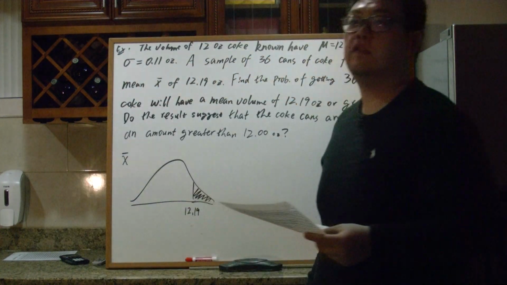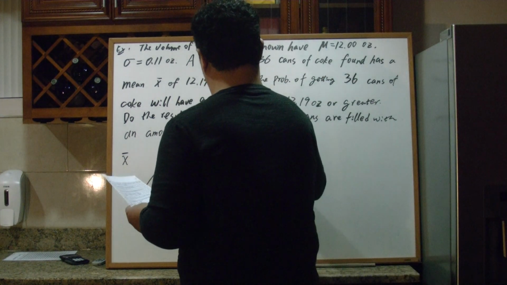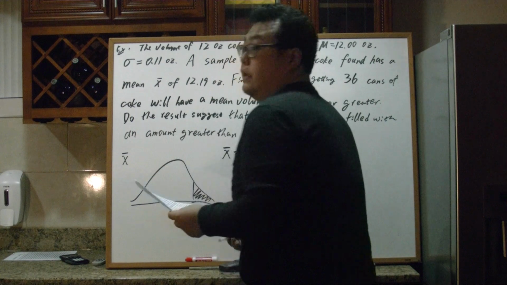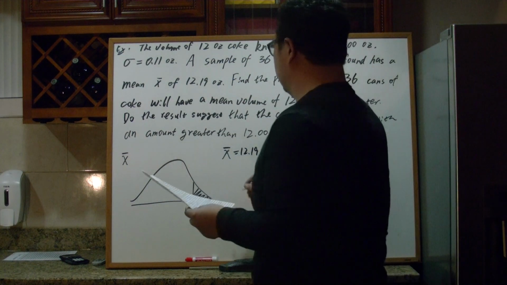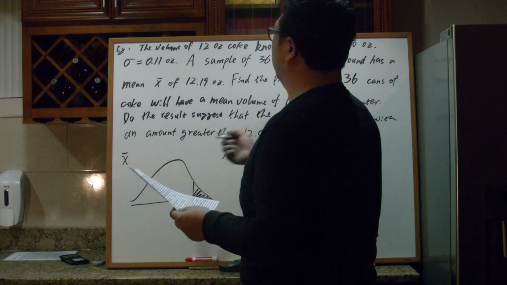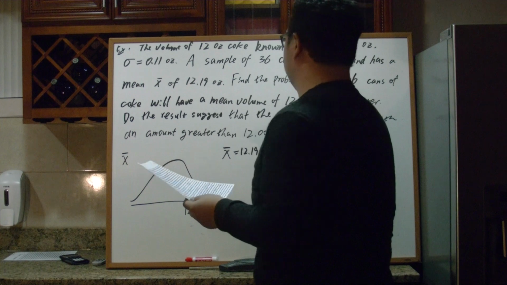Alright, the sample mean is 12.19, as obtained from the 36 cans. So we have the mean of 12 ounce, the standard deviation of 0.11 ounce, and the size of 36.